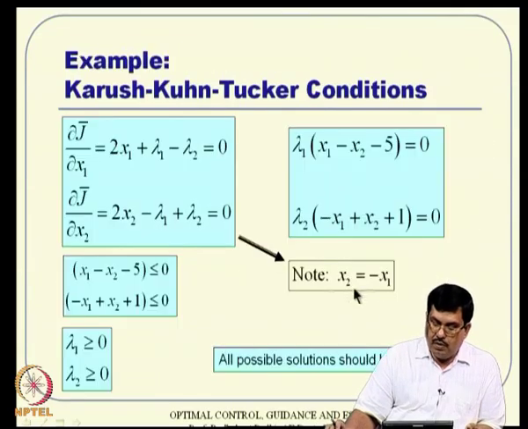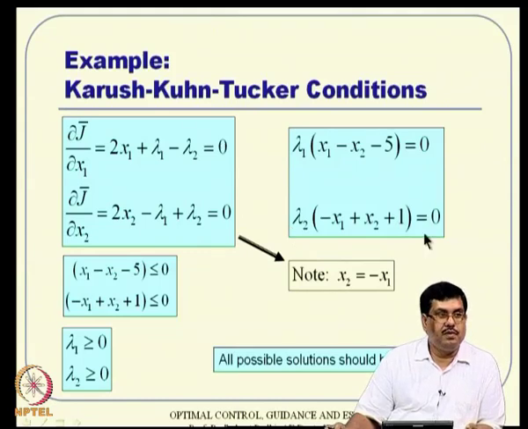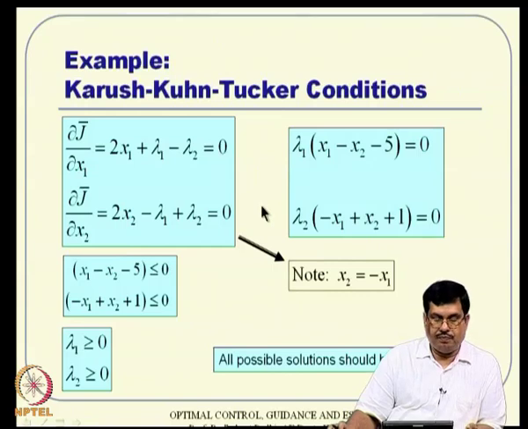Now, if you go back and try to solve case by case, and I certainly encourage you to solve it, first of all, remember how you go about solving it. Just look at the equation. You are getting either lambda 1 equal to 0 or this is equal to 0. Here it is either lambda 2 equal to 0 or that is equal to 0. So, with respect to these possible cases, we have to solve it.